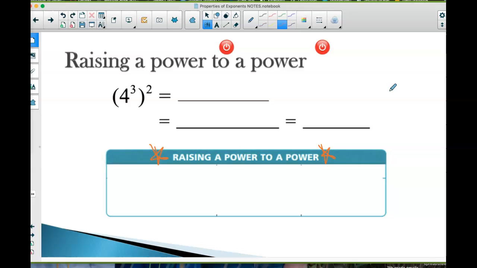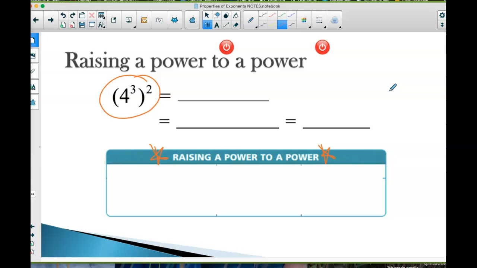I'm going to explain it first and then see if you guys can come up with the rule. These problems are going to look like this, where we have 4 to the third power raised to the second power. So a power raised to a power.